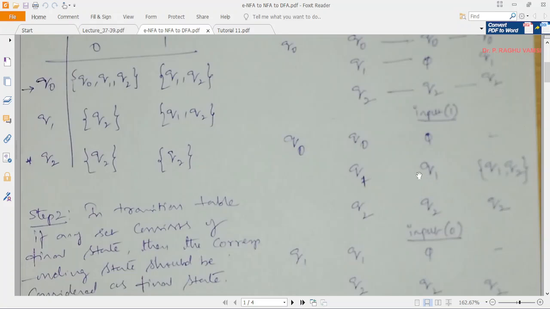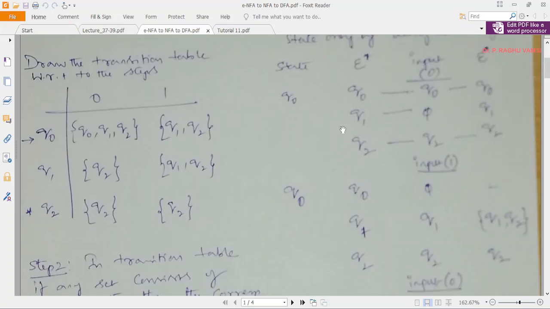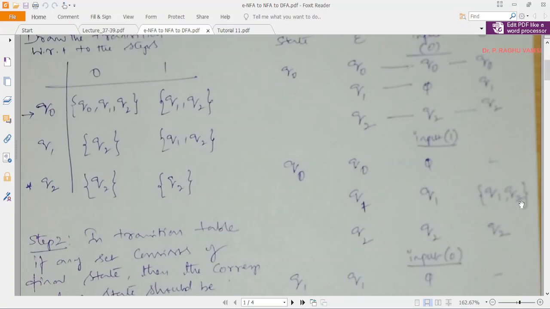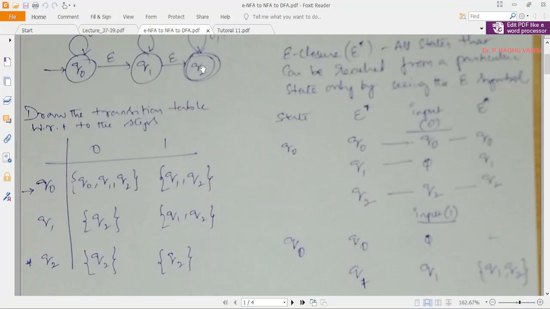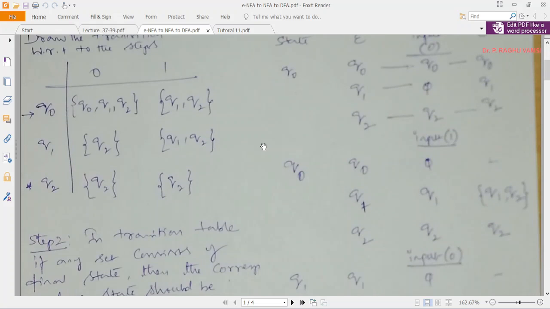Epsilon closure of Q1: we already know it is the same state plus the other states you will visit if you pass epsilon as the input, so Q1, Q2. Next, the epsilon closure of Q2 is the same state, and since there are no epsilon transitions afterwards, there are no further states to visit, so the epsilon closure of Q2 is Q2 itself.